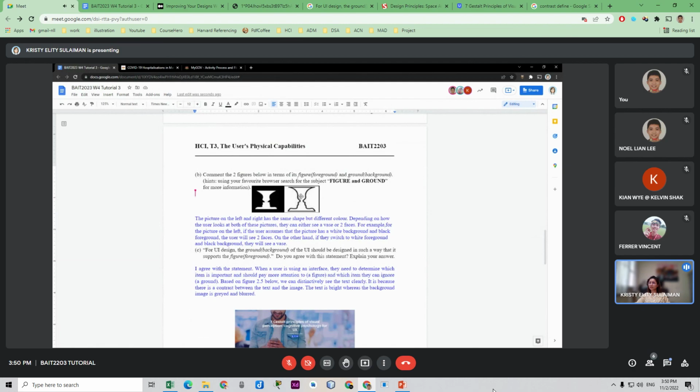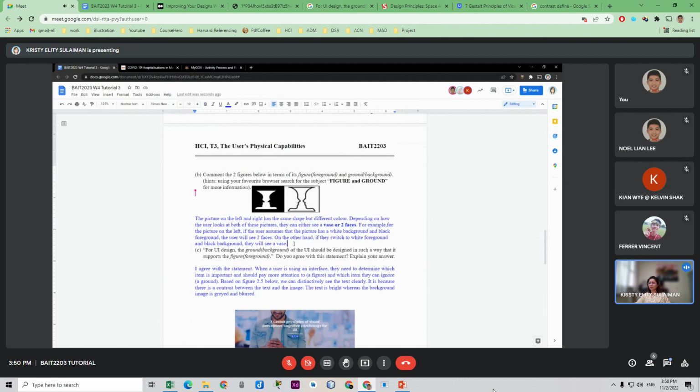If you look inside of this picture, you will see a vase. Okay, so it has the same shape but different colors. So depending on how we look at both of these pictures, you will see a vase or two faces.